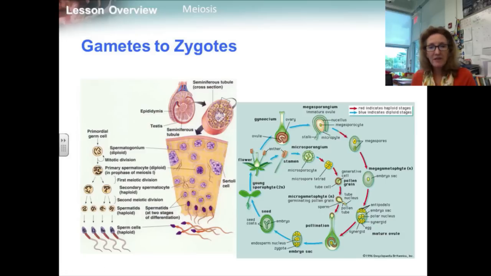And also in female animals, generally only one of the cells produced by meiosis is involved in reproduction. The female gamete that we get from meiosis is called an egg in animals and an egg cell in some plants. And we'll be learning about the plant reproduction cycles later on in other chapters.